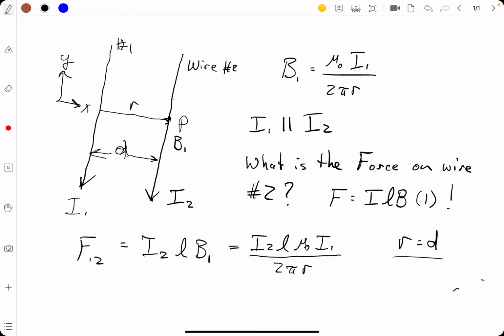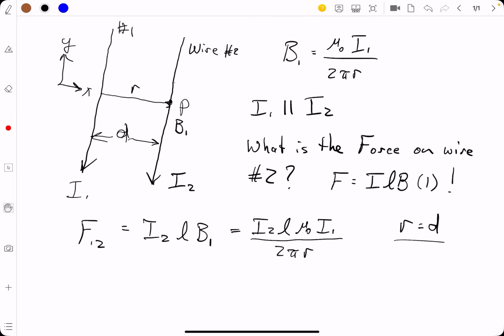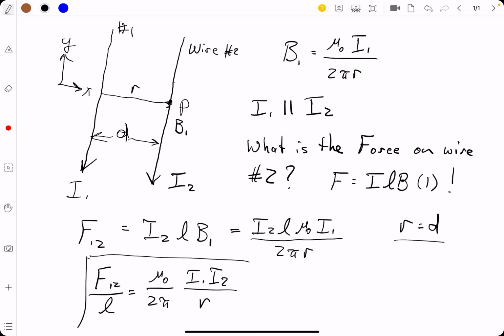So we're going to keep that. We can make that distance r equals d if you want to think about it, but let's just leave it at r and rearrange and divide by L. So we'll have a force per unit length, and our F12 per unit length is mu naught over 2 pi, I1 I2 over r. And then we can put that in the books.